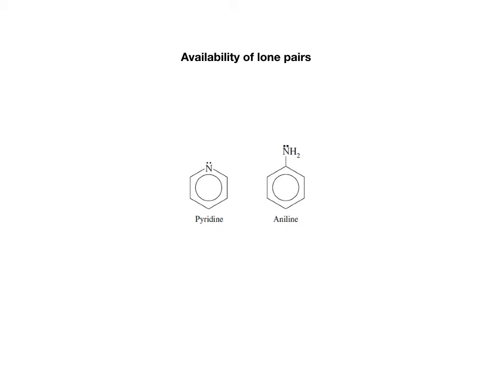In contrast, in aniline, the lone pair of the NH2 nitrogen can form partial conjugation with the pi electrons of the benzene ring. Now, this interaction would make the lone pair of aniline much less likely to accept a proton compared to the case of pyridine. And the prediction would be pyridine is a stronger base than aniline, which is what the experiment observes.